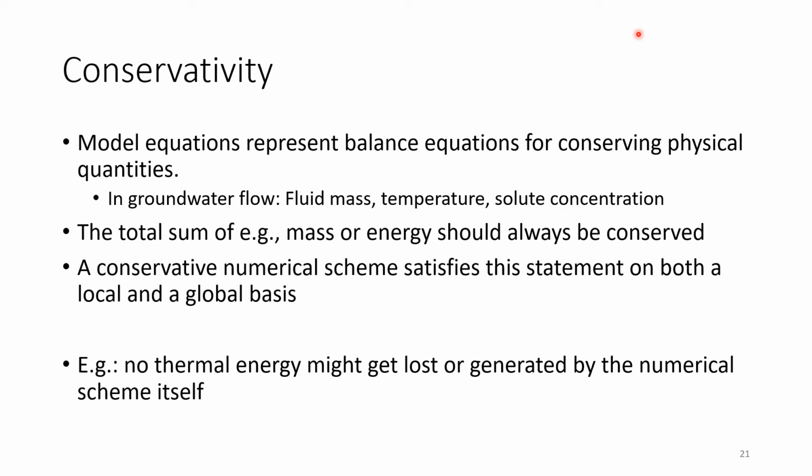So which means, for example, for the temperature example I had in the past, I would not lose any kind of thermal energy, right? Of course, depending on my boundary conditions, I might have a heat flux out of my system. That's okay, that's not what I mean. But I may not numerically lose energy or mass. And you'll notice that this is kind of difficult.